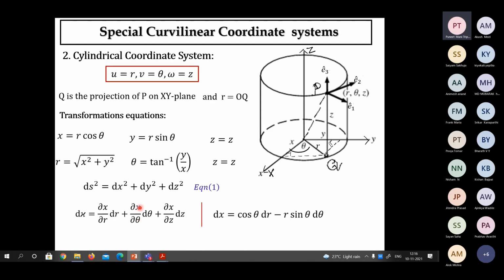And next one, dou x by dou theta, right? The same x you are going to differentiate with respect to theta. So it is r times minus sine theta, so minus r sine theta d theta. And next there is no z component, so dou x by dou z is 0. So that part is 0. We get only two terms. Are you all getting this?